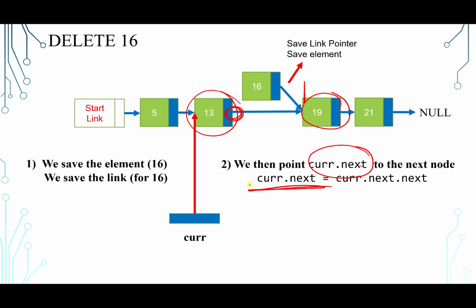So current.next, this part, was pointing at the 16 node. If we do another .next, it is going to be pointing at this one. So current.next equals current.next.next. Current.next here is this one, and .next gives you this one.